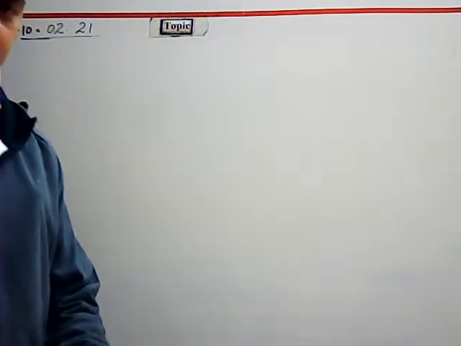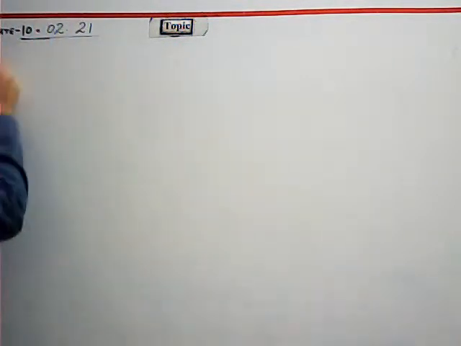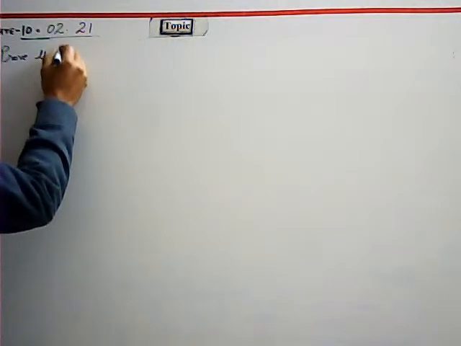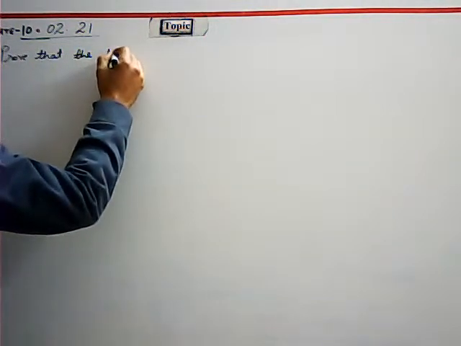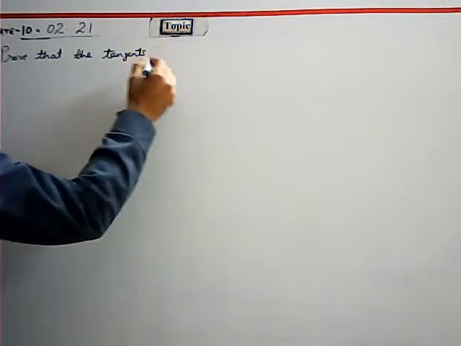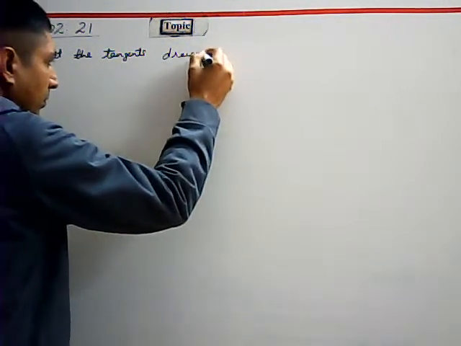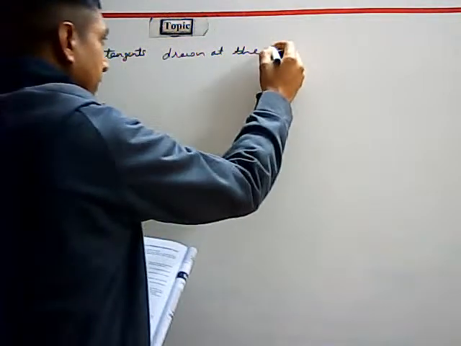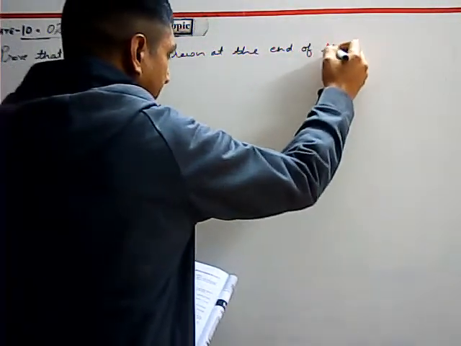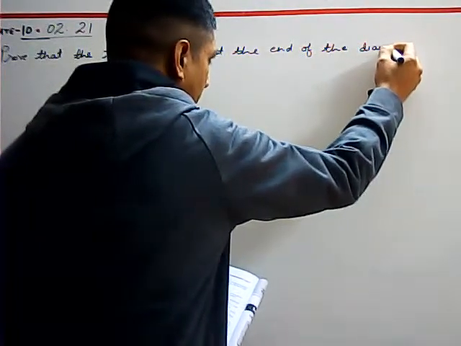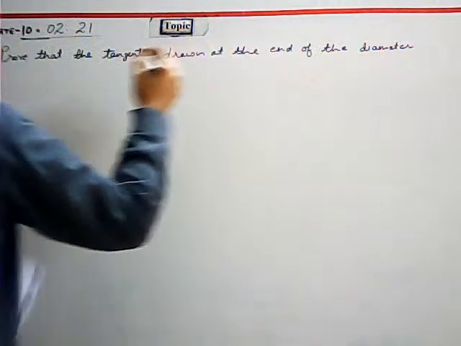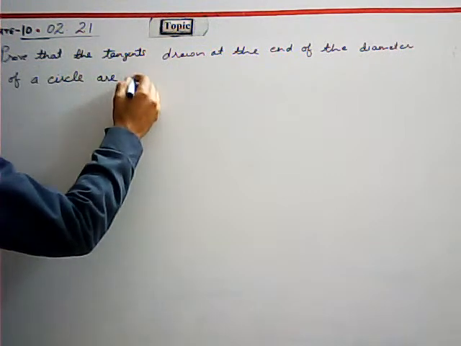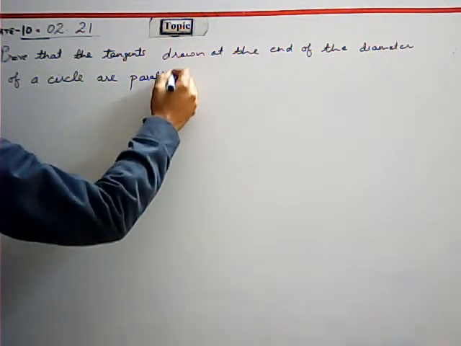Prove that the tangents drawn at the end of the diameter of a circle are parallel, right?